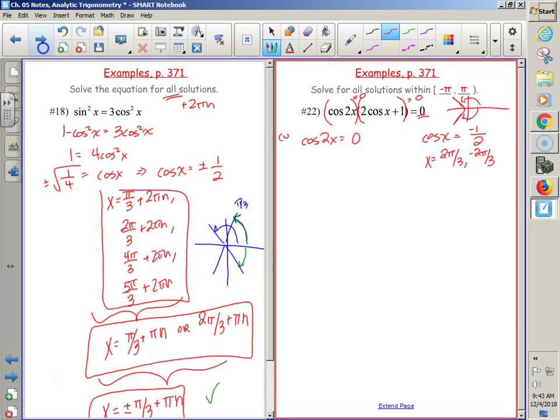Oh, let's think about inverse. We can think about inverse, which asks the question, when is cosine 0? Well, cosine is 0 at pi over 2, and 3 pi over 2, and 5 pi over 2, and negative pi over 2, and negative 3 pi over 2, and wait, why am I putting so many?